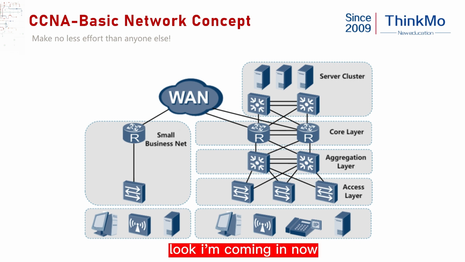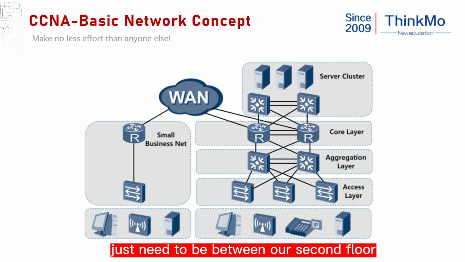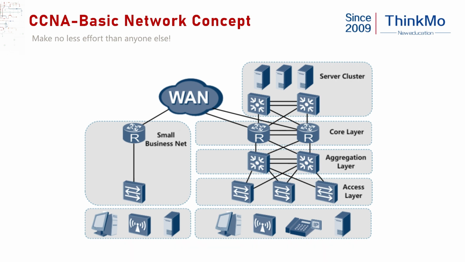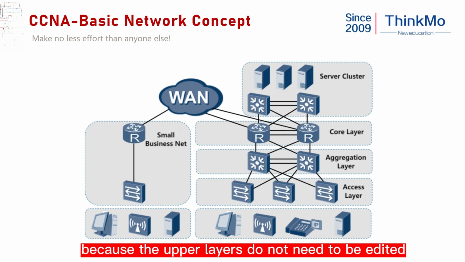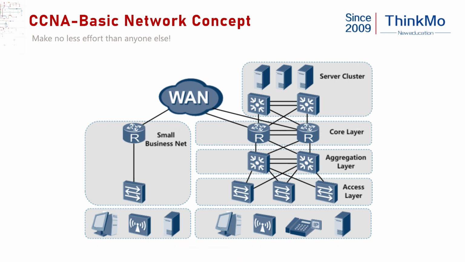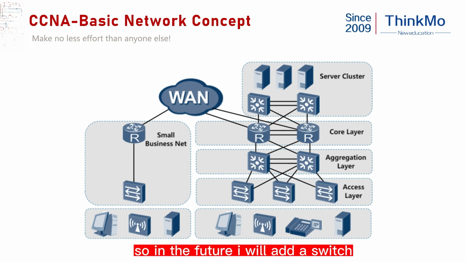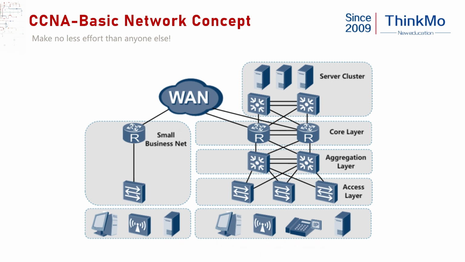Look, I'm coming in now, just need to do a relative redundancy between our second floor, because the upper layers do not need to be edited. So in the future I will add a switch, more data. In other words, the access of our terminal is very easy to extend.